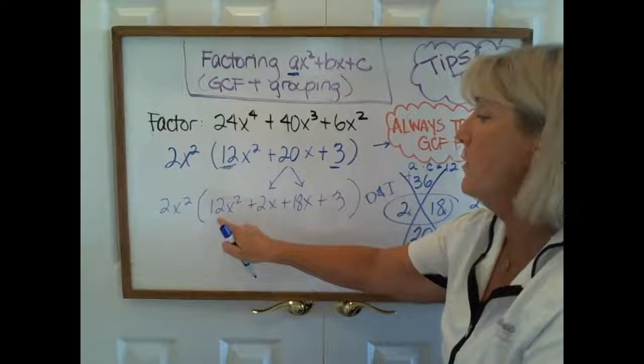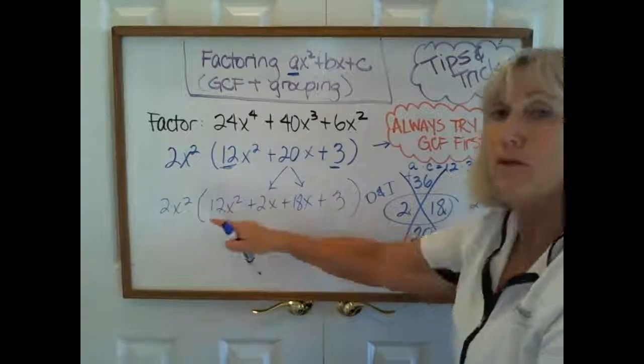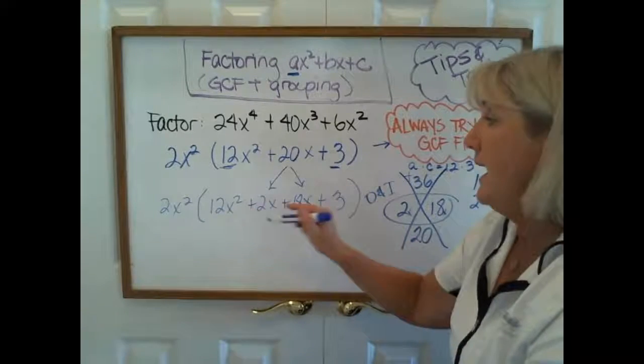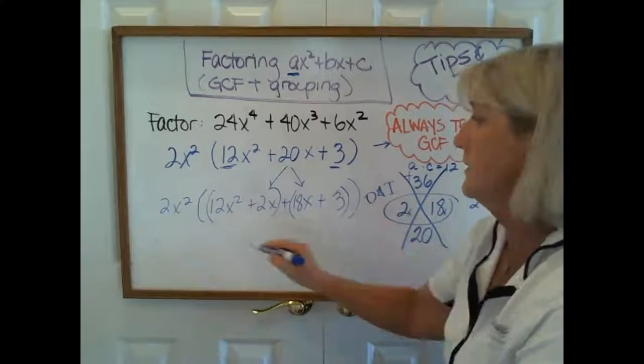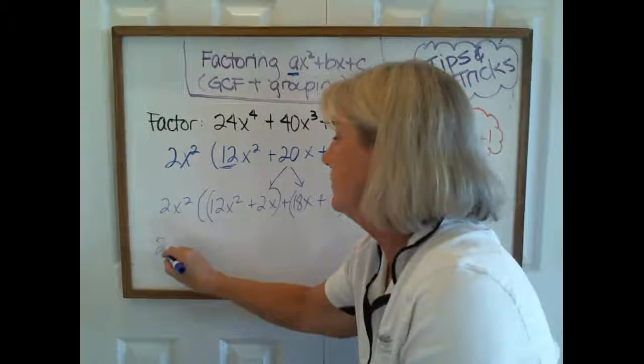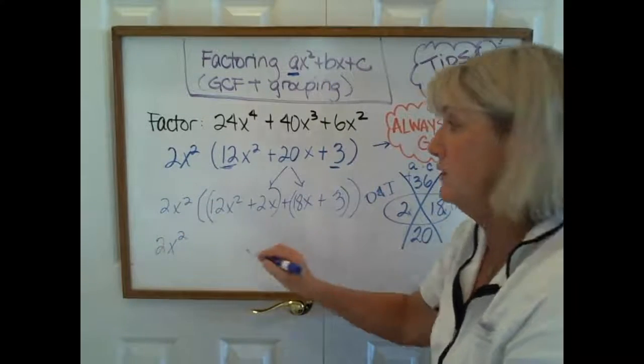So now we have 4 terms, 1, 2, 3, 4, basically the 4 parts of FOIL. And so we're going to group these 4. So again, we're going to bring down that 2x squared. Don't forget to do that. Don't think you're going to remember it at the end because you won't.